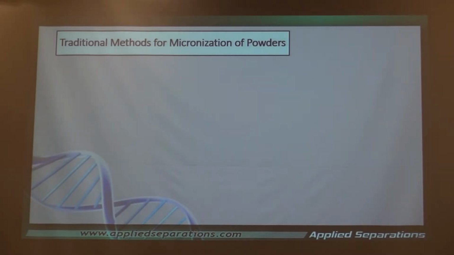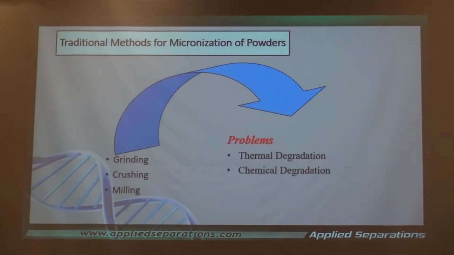Another way of doing this, you can also micronize, that is to grind them, to crush them, to do milling, and these also have problems. There is thermal degradation in the grinding. And when you're dealing in the US, I know, when you're dealing with these kinds of degradation products, they have to be identified for the Federal Drug Administration in the US.